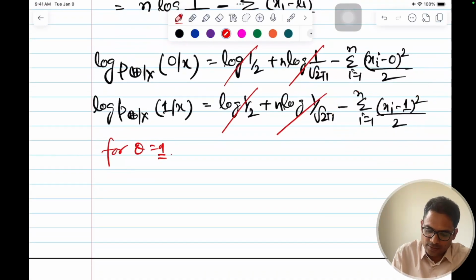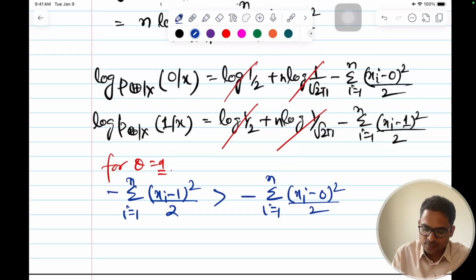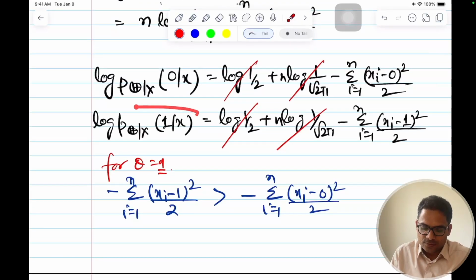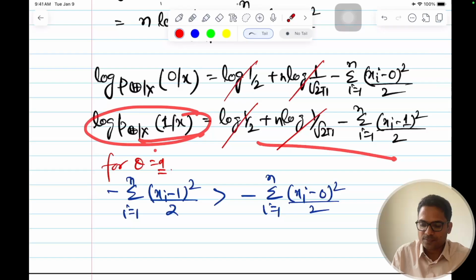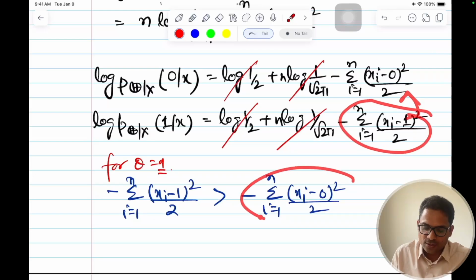So finally, for theta to be 1, minus sigma i equal to 1 to n, xi minus 1 whole square by 2 should be greater than minus sigma i equal to 1 to n, xi minus 0 whole square by 2. I hope this is clear. For theta to be 1, not 0, this term should be greater than this term, only then this will hold.